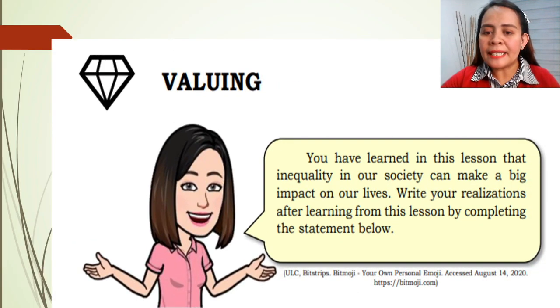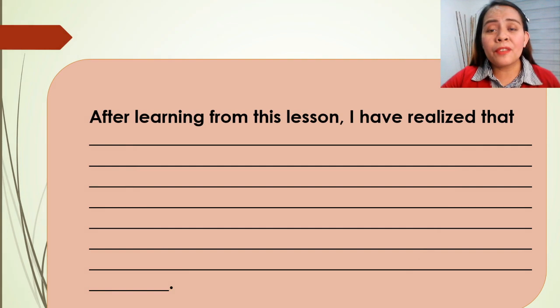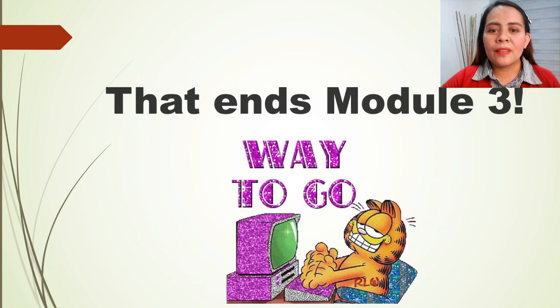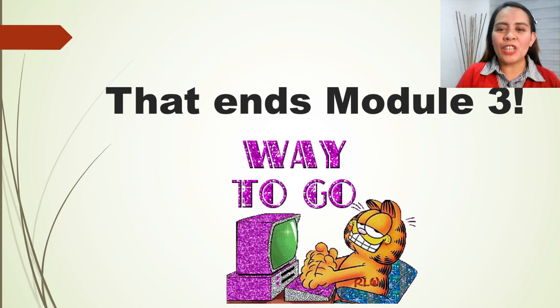Now that you have learned in this lesson that inequality in our society can make a big impact on our lives, I want you to write your realizations after learning from this lesson by completing the statement. After learning from this lesson, I have realized that... So I want you to complete that statement. So, that pretty much ends our Module 3.